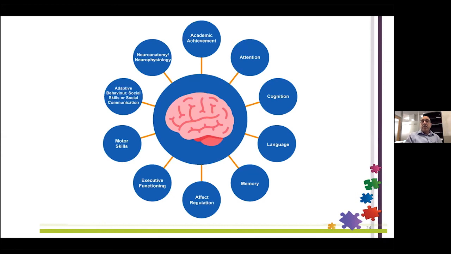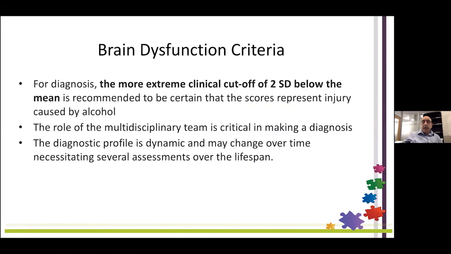And here, this is a depiction of the 10 brain domains that are looked at. We are looking at an extreme clinical cutoff of at least 2 standard deviations below the mean, once again, below the 3rd percentile. And that's to ensure that there's certainty that alcohol played a crucial role here.